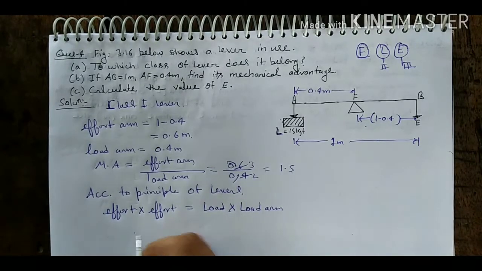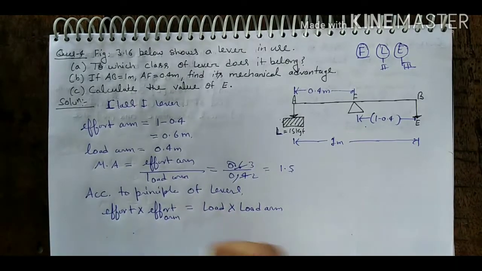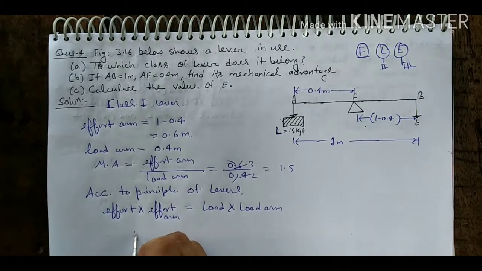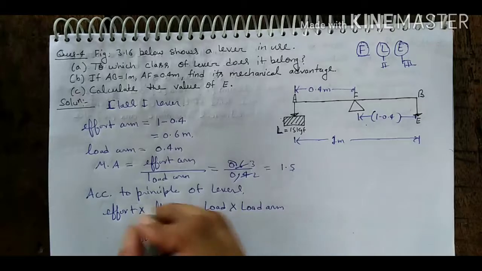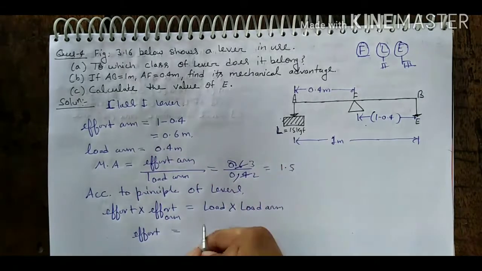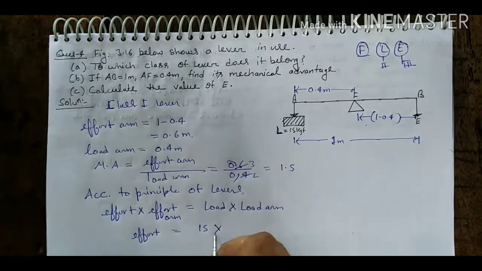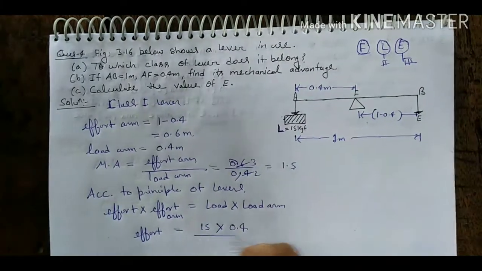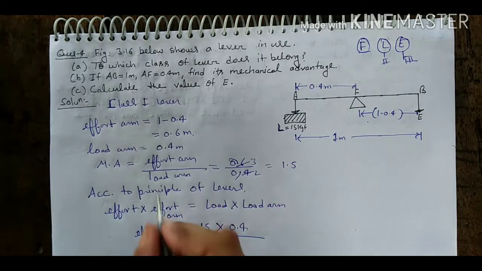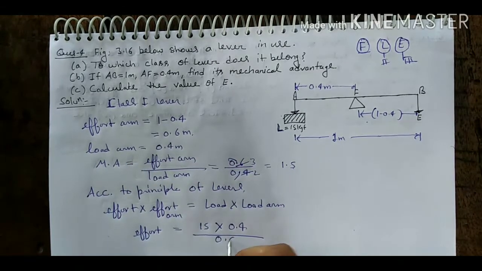Here is the effort arm, and this is the load arm. Here effort is asking, it means effort will equal to load into load arm. Load is given 50 kgf into load arm is given 0.4, okay, upon effort arm is given 0.6.